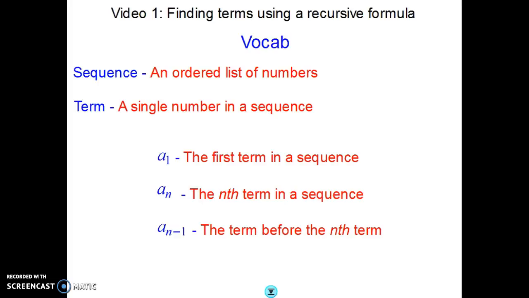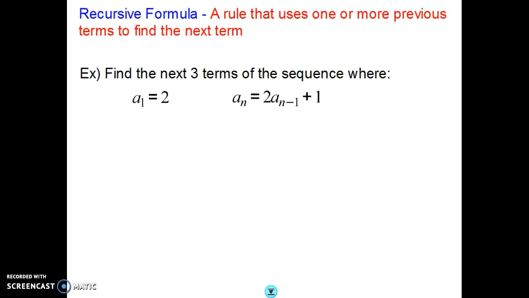And one of the trickier ones here is this a sub n minus 1. Well, all n minus 1 means is just the term 1 before a sub n. So if you were looking at a sub n as being a sub 6, then a sub n minus 1 would just be a sub 5, the term right before it.